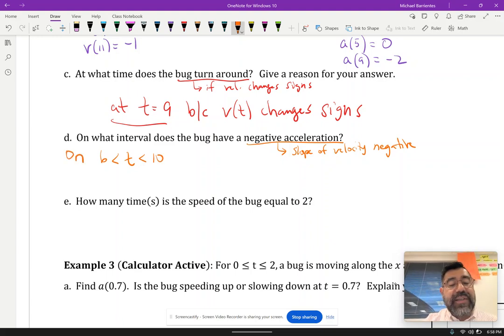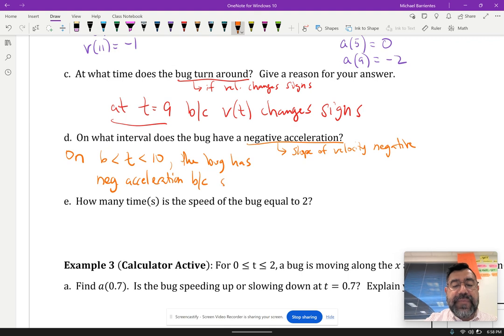So on this interval, the bug has negative acceleration because the slope of velocity is negative.